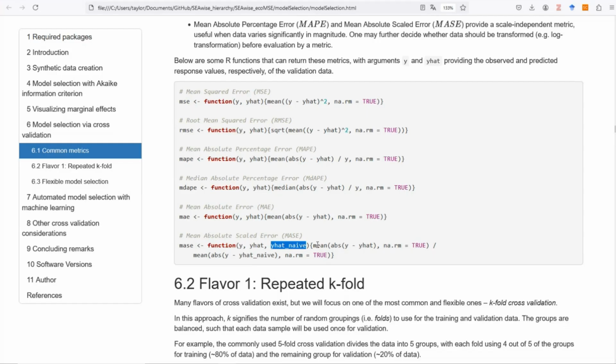And basically all this is, it's a ratio of this previous function. So it's the MAE of your model over the MAE of the naive prediction model. And what you're shooting for is a value lower than 1 in this case. Something that's better than the naive.